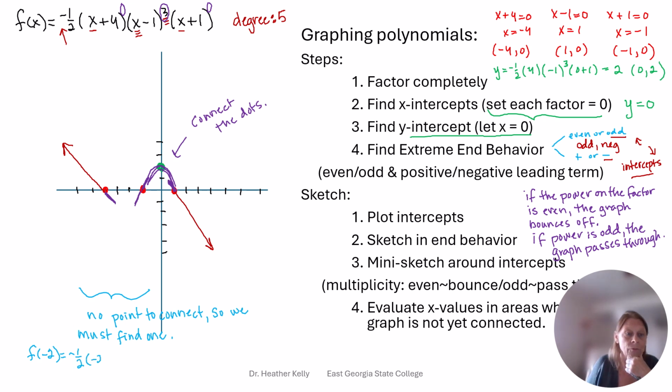So I have -2 plus 4 times -2 minus 1 cubed times -2 plus 1. And when I do that math here, let's see, we have -1/2 times 2 times -3 cubed times -1. That gives us -27.